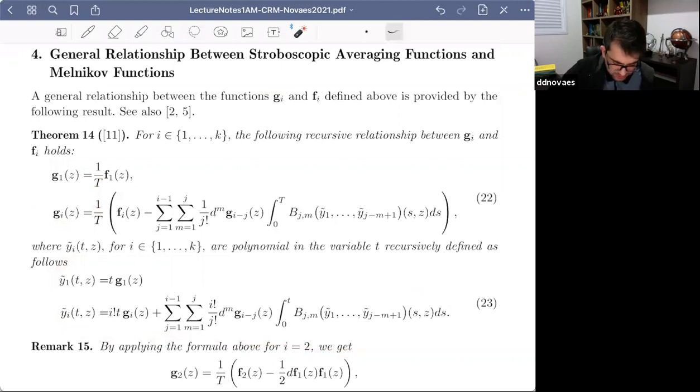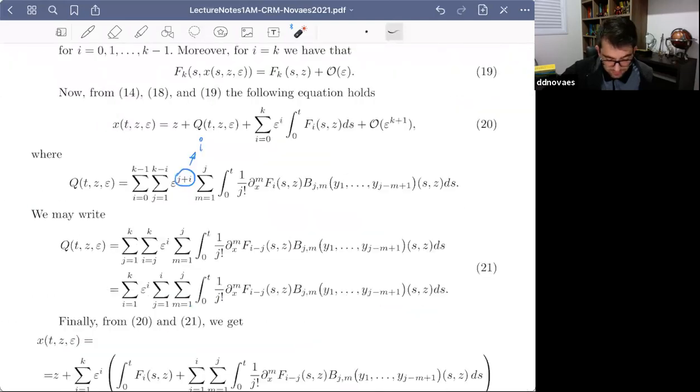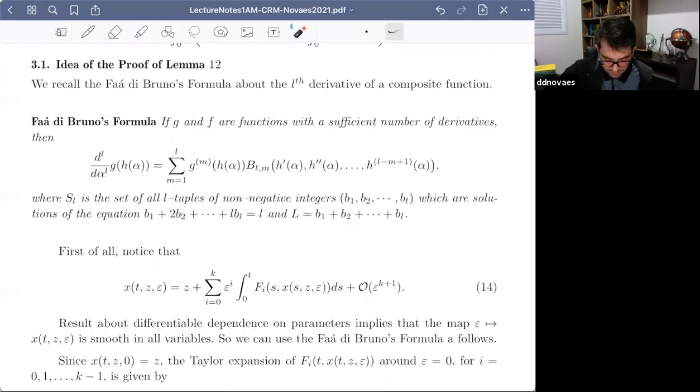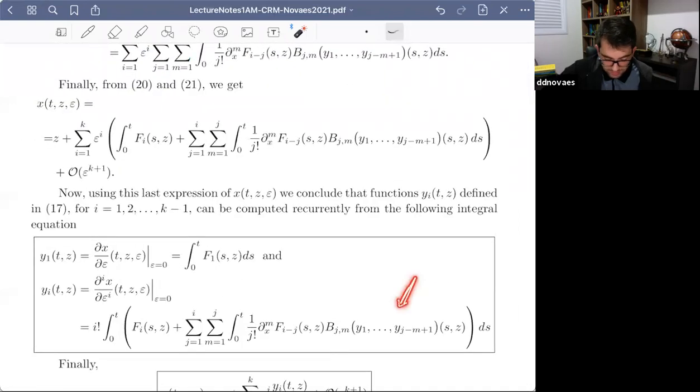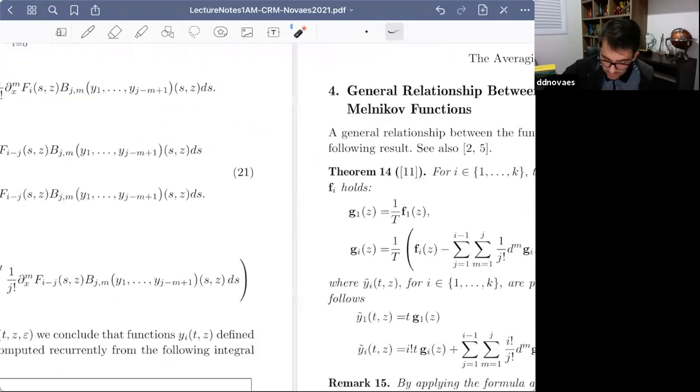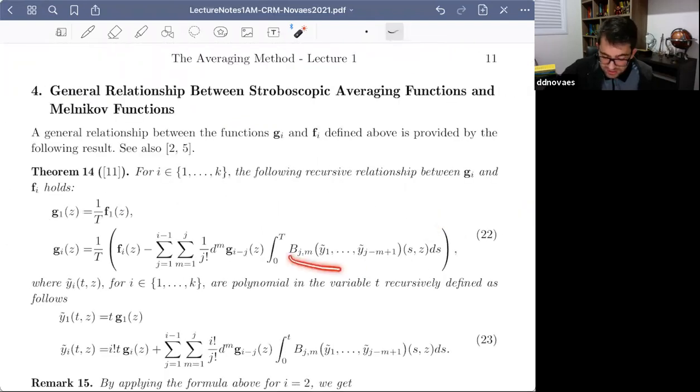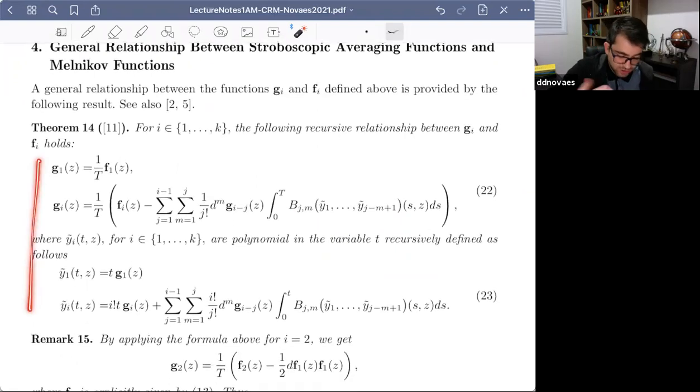But note here that these functions y_i tilde are always polynomial in the variable t. Okay, so this integral can always be done. It's not like the formula before, where I am computing functions that I do not have much information about a priori. So here we can always compute this integral because this function will always be polynomial in the variable t. Okay, and this is also a recursive formula.